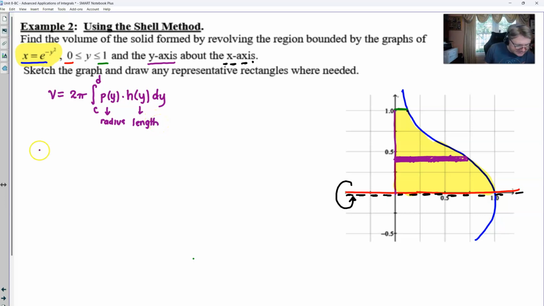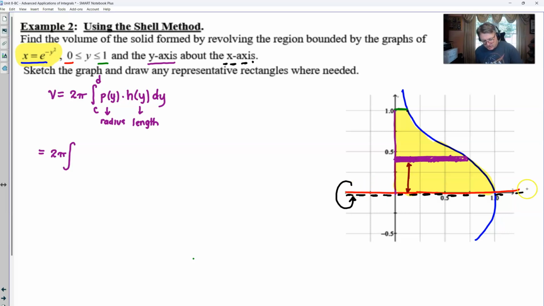All right, so let's get it going here. So we have our 2 pi integral. I'll worry about the boundaries in a bit. The p of y is just simply the distance that we are going to travel between the axis of rotation and our representative rectangle, depending on where you want to draw it. You could have drawn it anywhere in this yellow space.